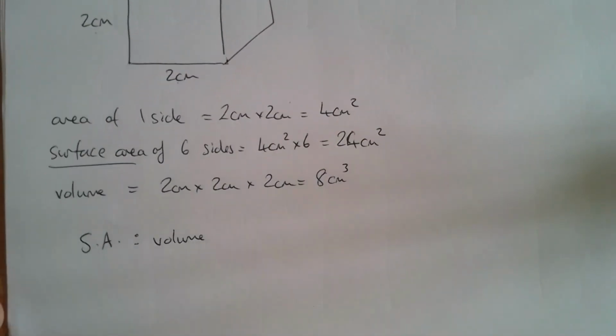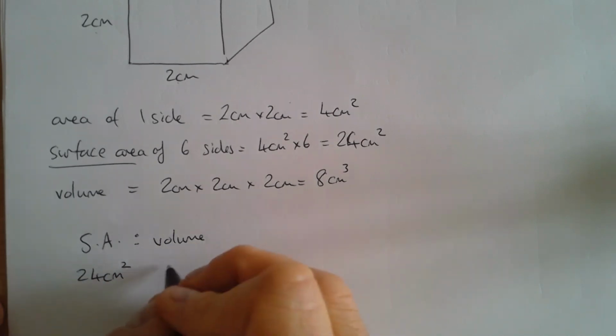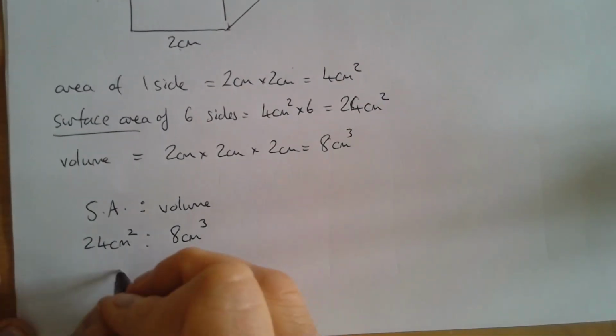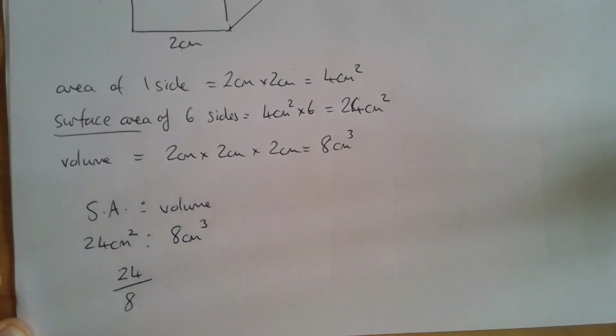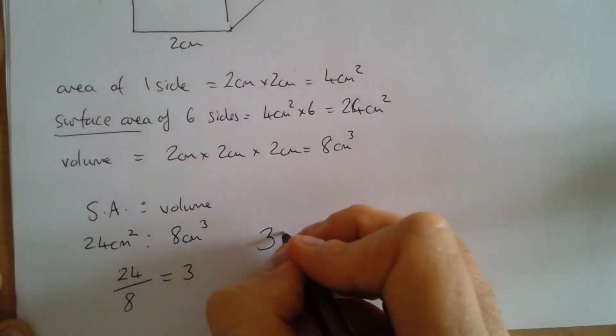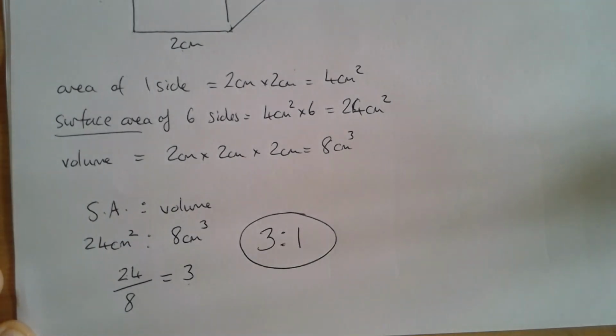We know that the surface area is this, and we know that the volume is this. So I'm going to do this calculation, the surface area divided by the volume, which gives me 3. I could leave that as my ratio if I wanted to, but my actual ratio in this case is 3 to 1.